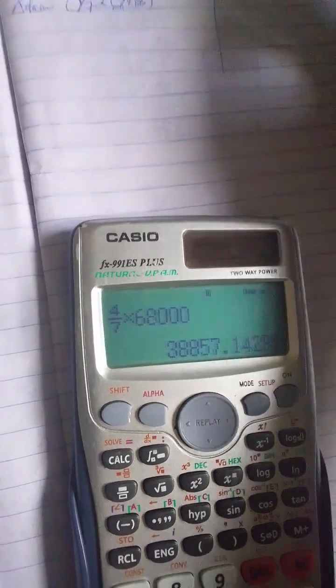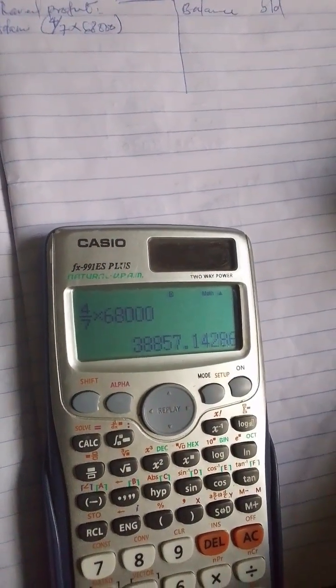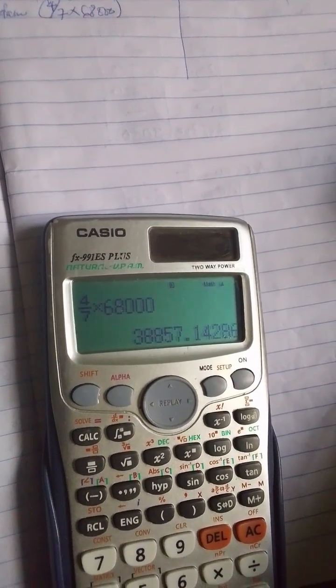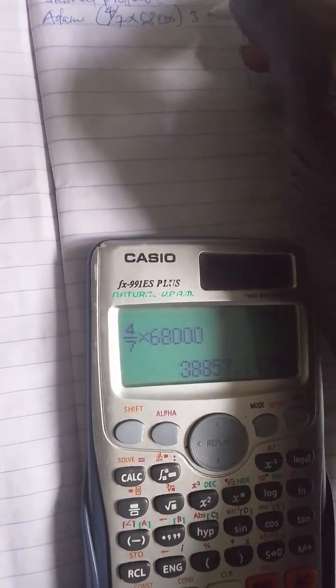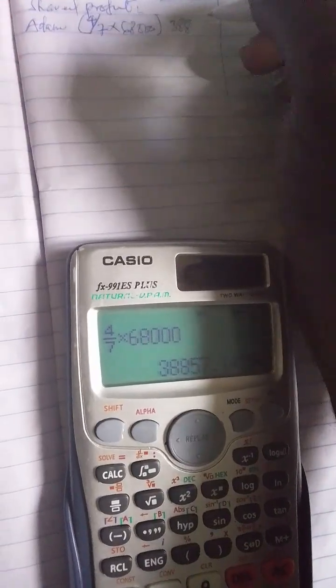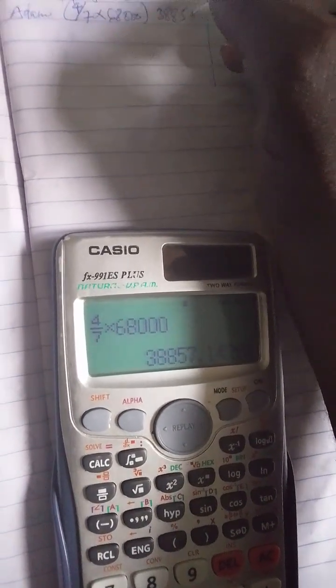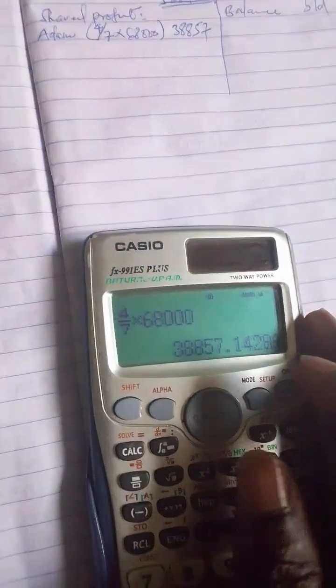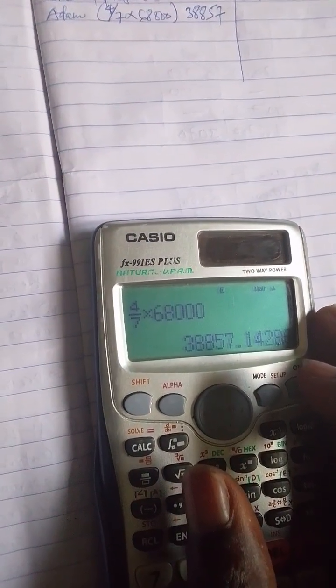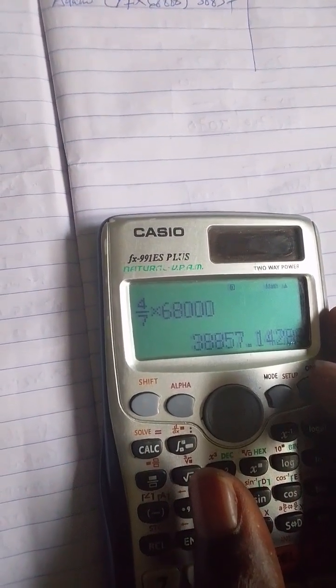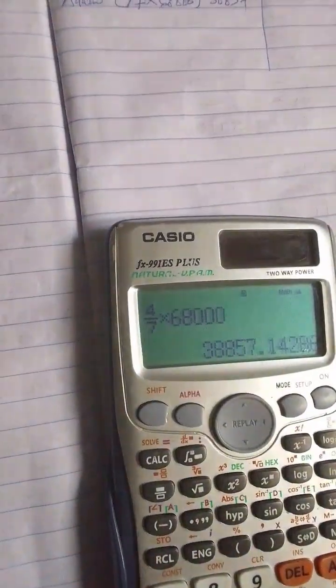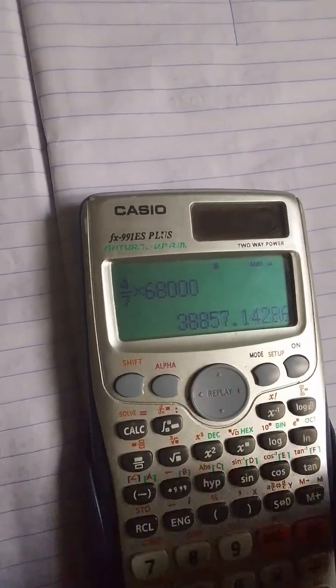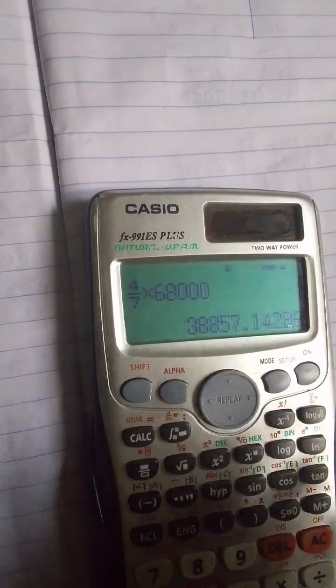There are some decimals, but we are going to round it to the nearest whole number. So we are going to have 38,857. So this is the amount that Adam had in the 68,000 Ghana cedis.